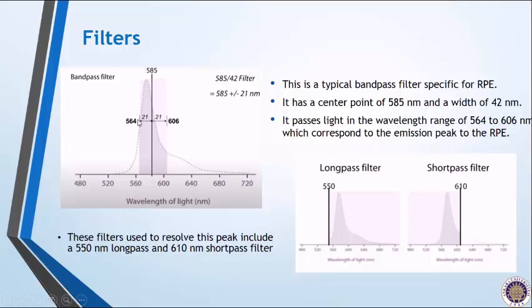So it passes light in the wavelength range of 564 to 606 nanometers, which corresponds to the emission peak for the RPE. Filters used to resolve the peak include a 550 nanometer long pass and a 610 nanometer short pass filter.